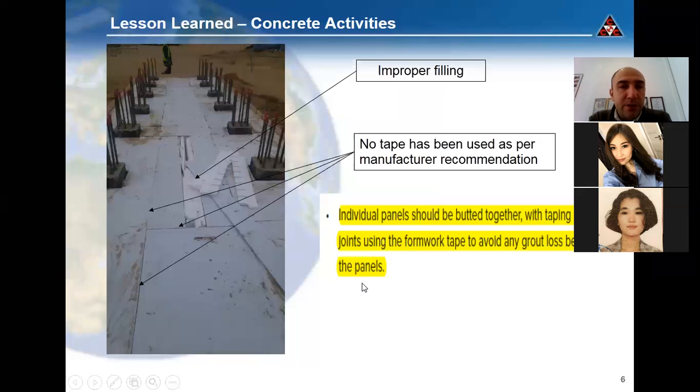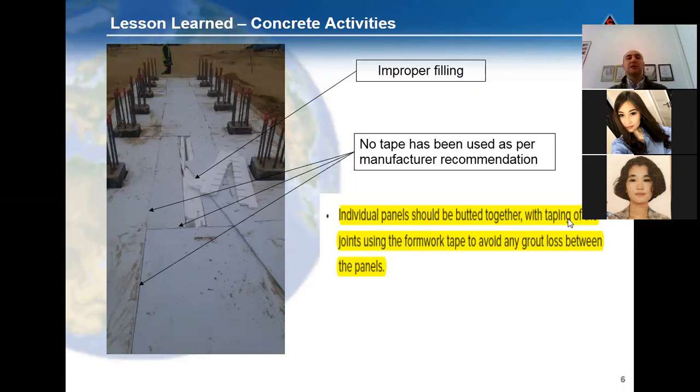Again, here we see improper filling. All connections between the main plates should have the tape. So it is special tape lines which avoid heat losses in the construction between the main panels.